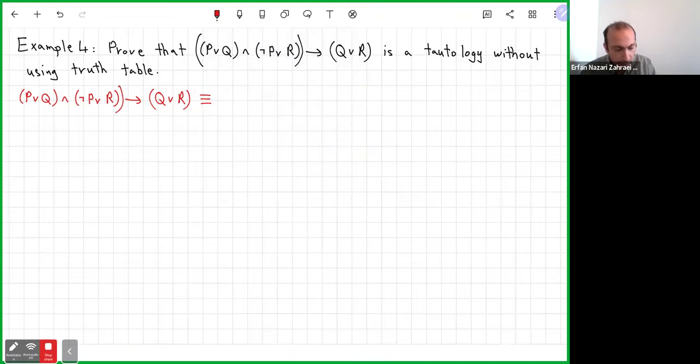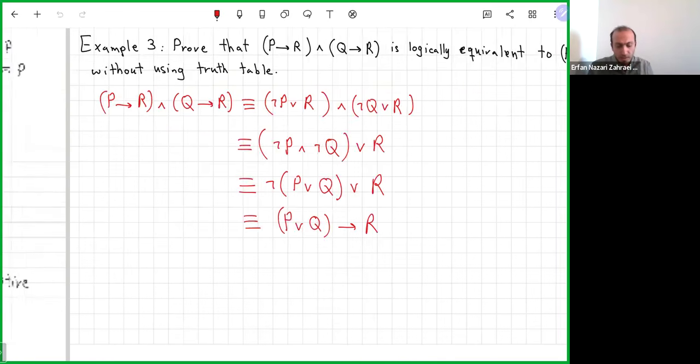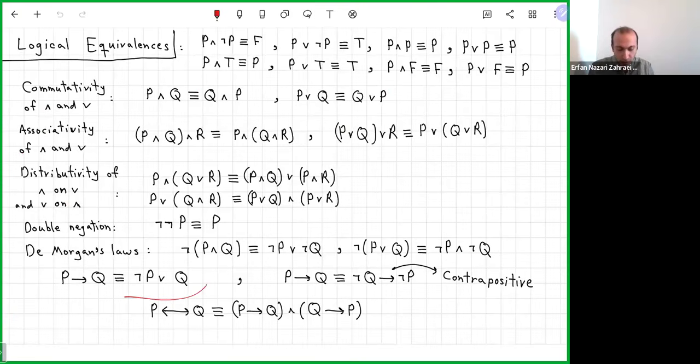For clarity, let me add extra parentheses. The only thing that I can use here is an implication. And as you see, maybe the most commonly used thing is this: P implies Q is equivalent to not P or Q.